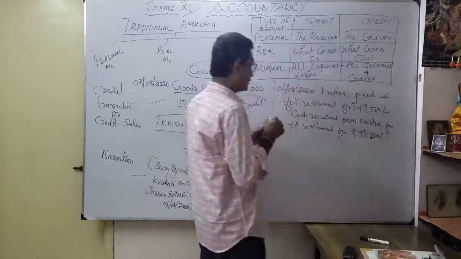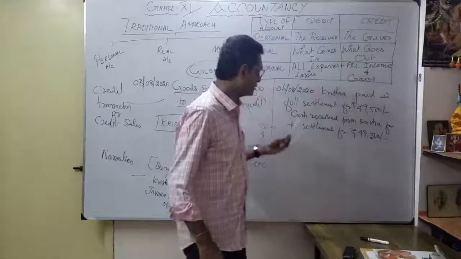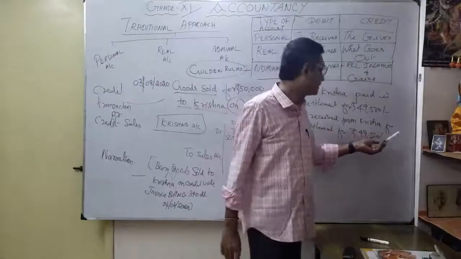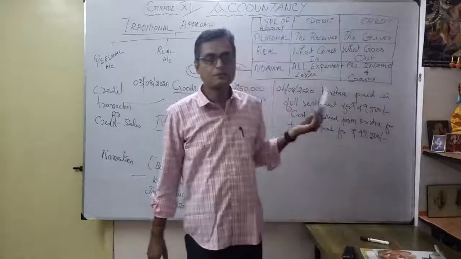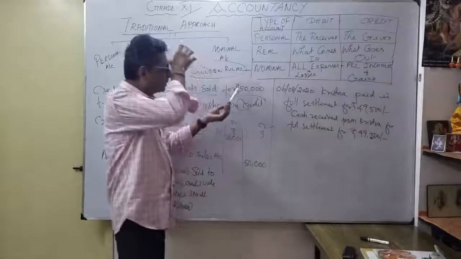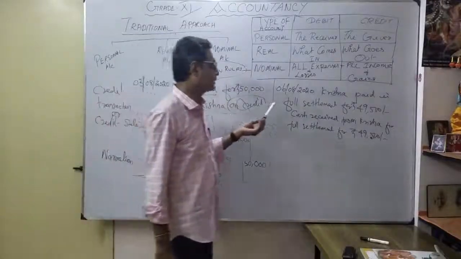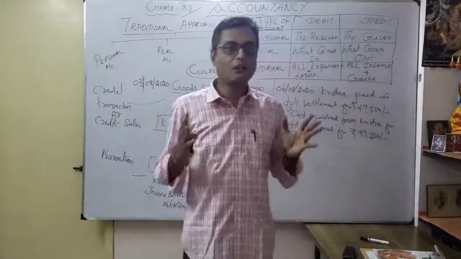Either way, Krishna paid means for us we received money. This is the best way to understand it. Actually how much did we sell? 50,000, correct? Goods sold for 50,000, but Krishna paid only 49,500. For this transaction, I am going to give the effect.